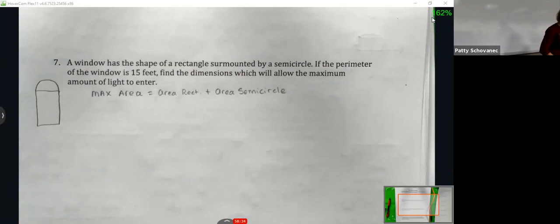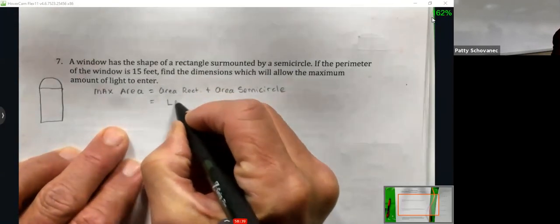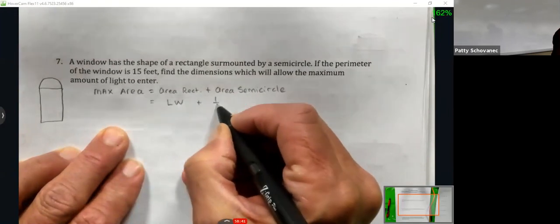The rectangle has area of length times width. What's the formula for the area of half of a circle? 1/2 pi r squared. So we've got length times width plus 1/2 pi r squared.